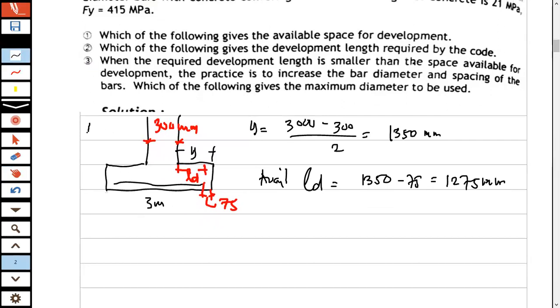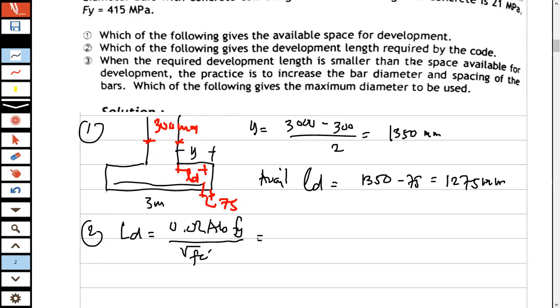So ito straight naman ito. This is for number 1. Straight naman ito. Hindi naman siya naka-hook. Ld is equal to 0.02, we're going to use this one, Ab Fy over square root of fc prime.